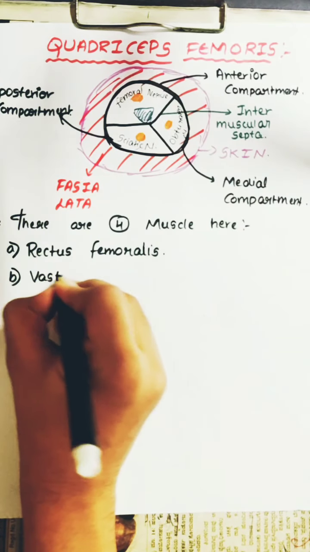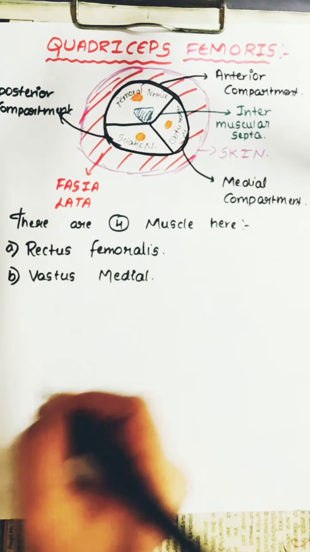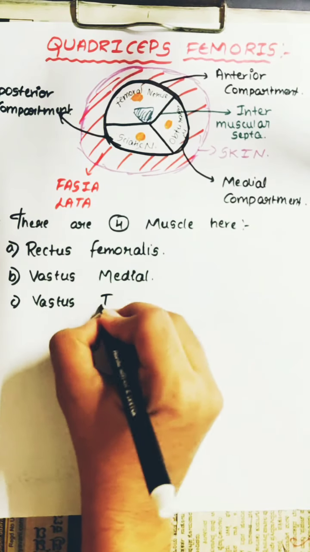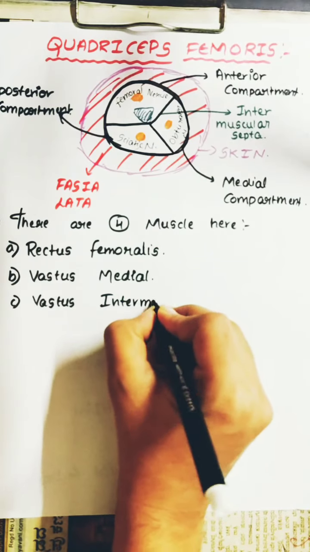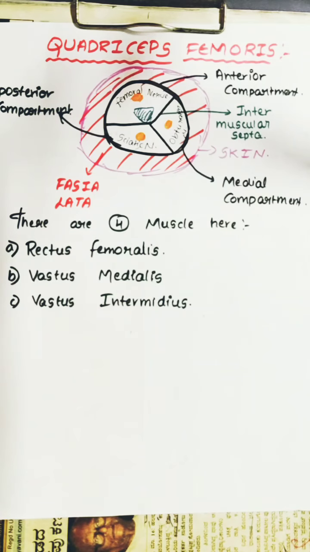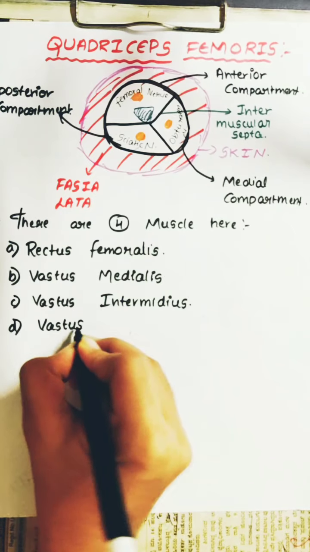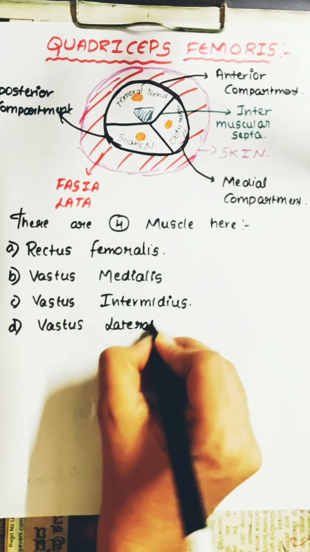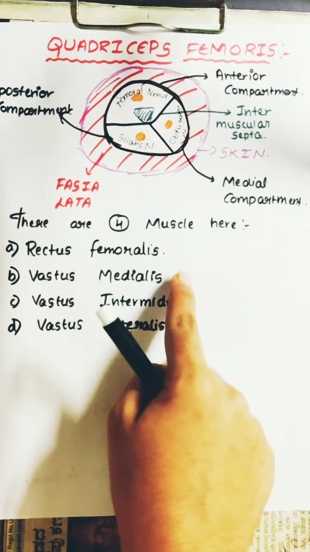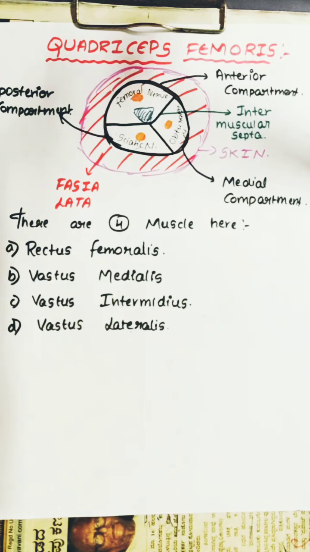Second one is the vastus medialis. Third one is the vastus intermedius, and the fourth one is the vastus lateralis. There are four muscles here: rectus femoris, vastus medialis, vastus intermedius, vastus lateralis.